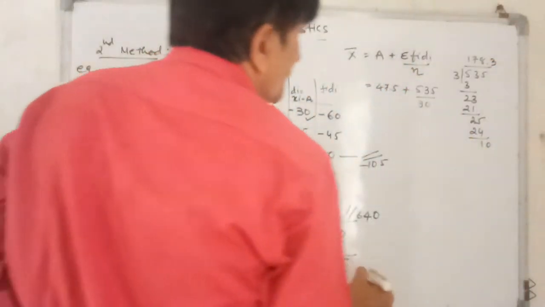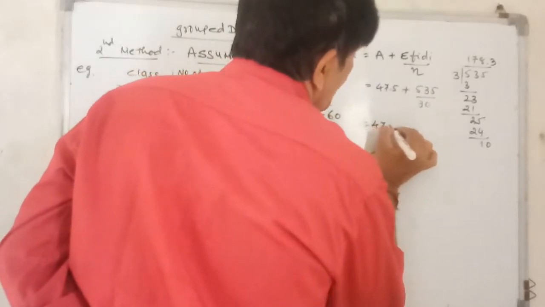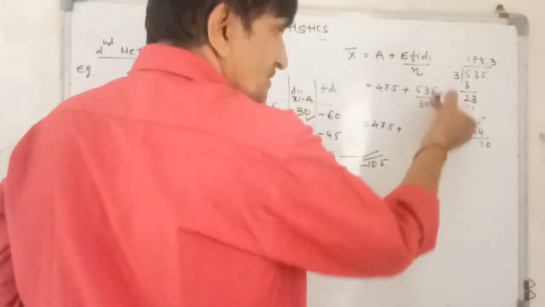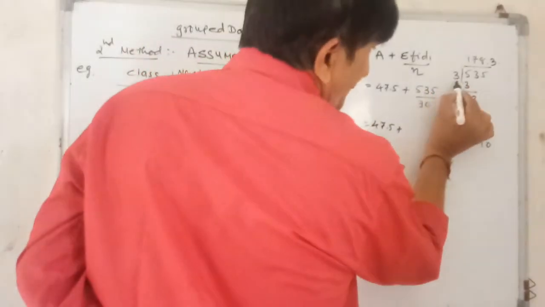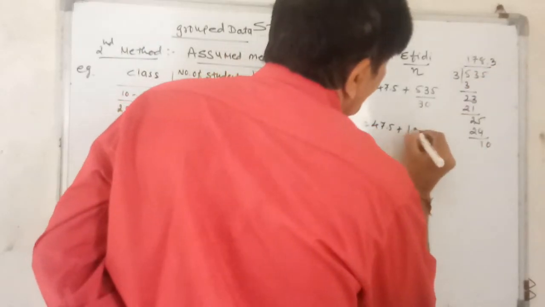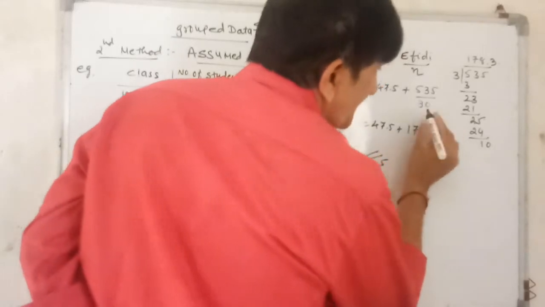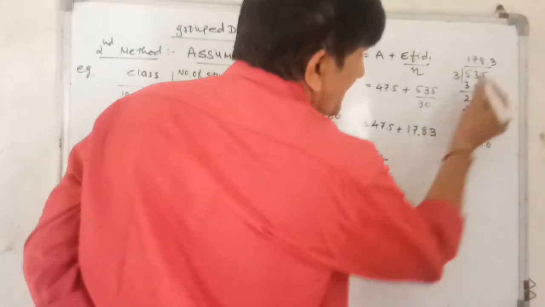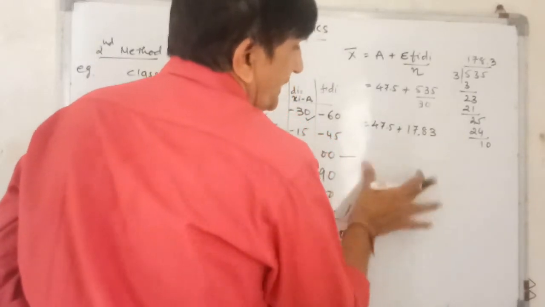Okay, so here this number remain as it is because we have not done addition process first division. So 535 upon 30 we have divided by 3. Okay, so it is 178.3. Now it is 30, so we have to change the decimal place, left side 1, so it is 17.83.